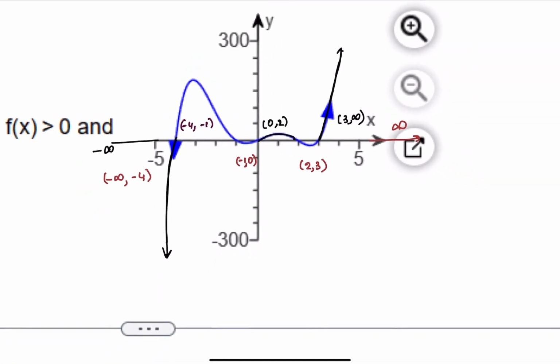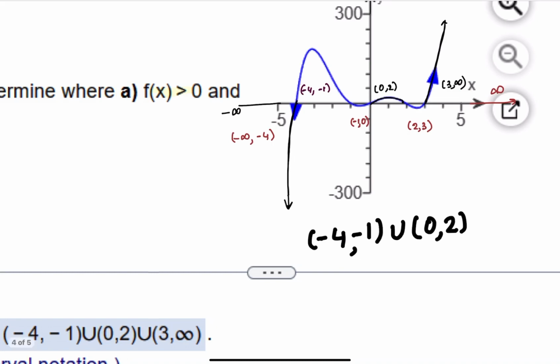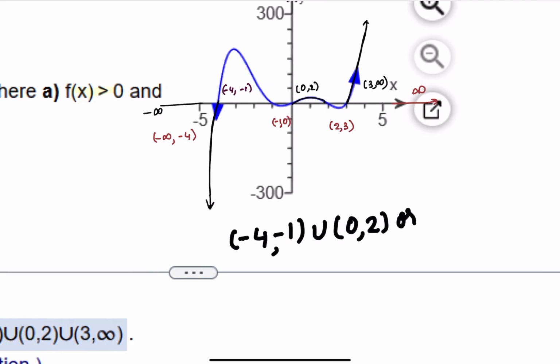Once I have it, I'm going to see what they're asking me. They're asking me, where is the function greater than 0? That means where is it positive? All the top ones, which are -4 to -1, or 0 to 2, or 3 to infinity.